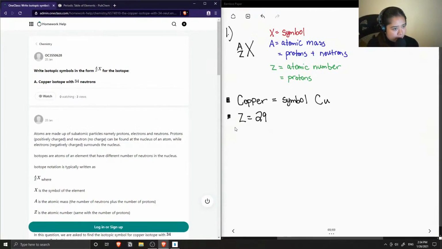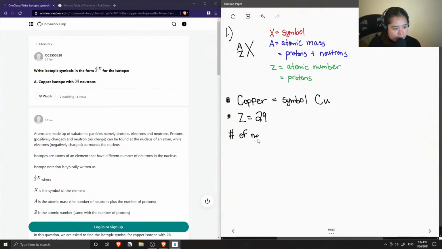And the question says that this copper isotope has 34 neutrons. So let me write that down as well. And we have our Z is 29, which is also equal to our number of protons.